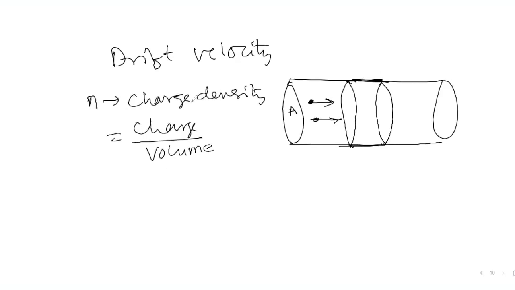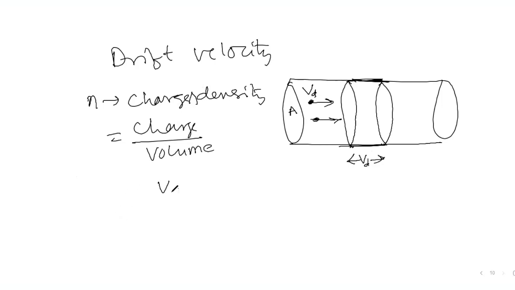We consider n as the number of charges per unit volume. That is the number of charges present in unit volume, which is called charge density. Let us consider Vd is the drift velocity of electrons. In 1 second, they travel a distance Vd, and I am considering the length of this element as Vd.